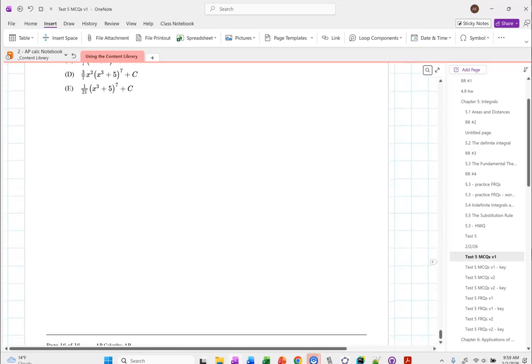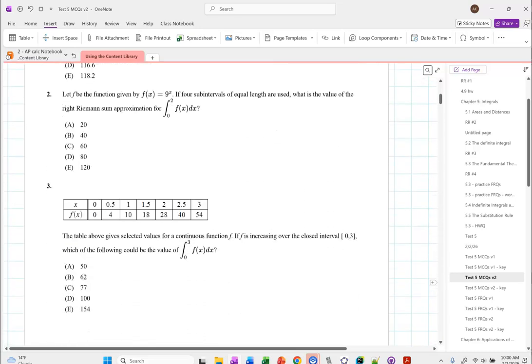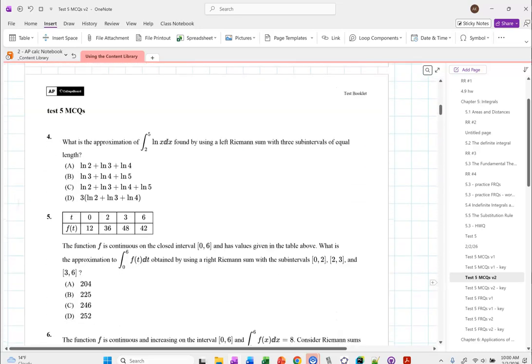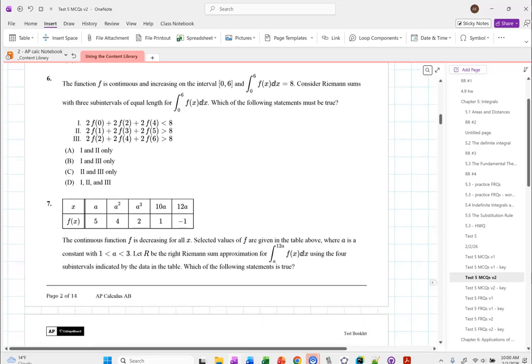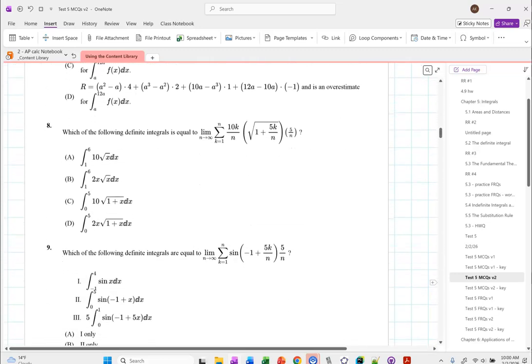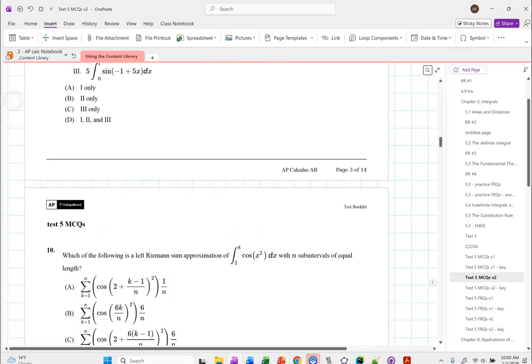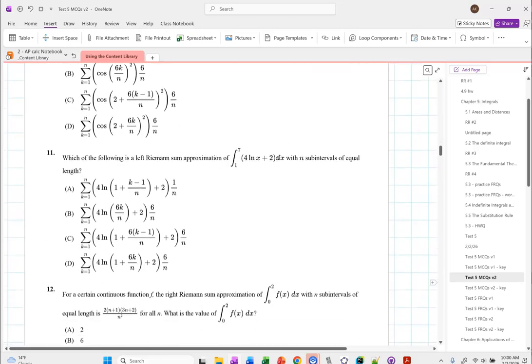Okay. I swear it was something that I would have picked to put in here. Ah, there we go. Here we go. There's some. So 8 and 9 for sure, and then 10, 11.